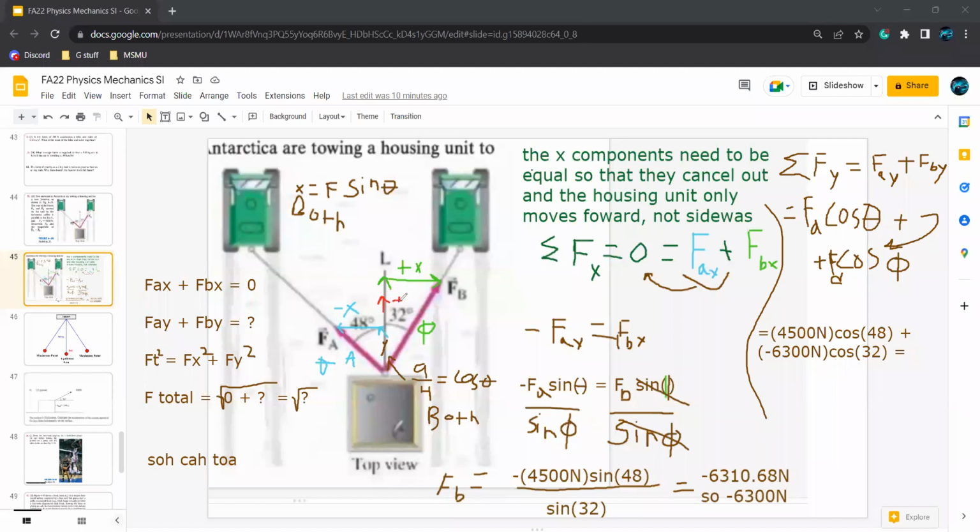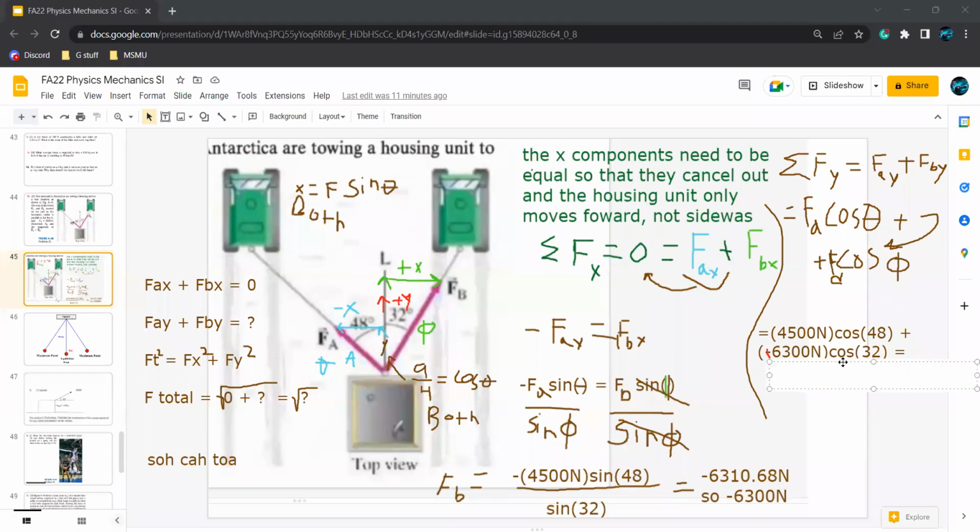FB, even though it was negative relative to this, is the opposite of FA because it's heading in a different direction, and that works for the X ones, but both of the Y components are positive. So you have to remember to make sure they're both positive so you get the proper answer. And then that gets you about 8,400 newtons.